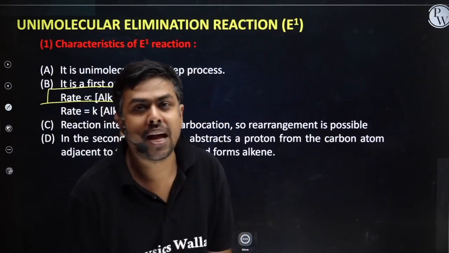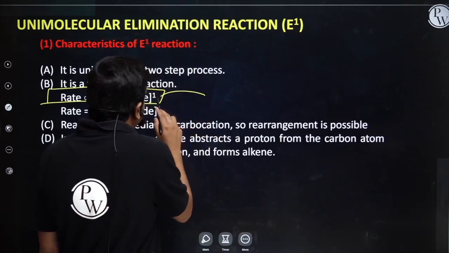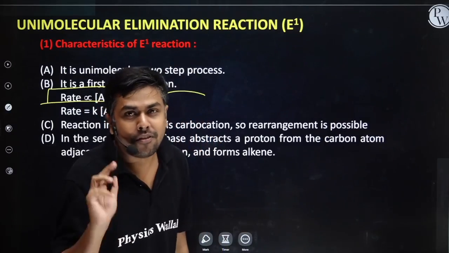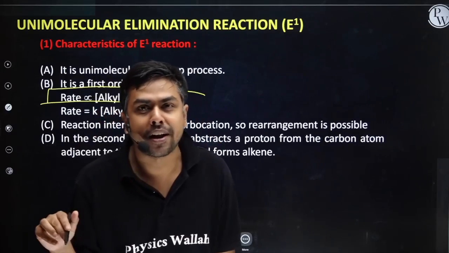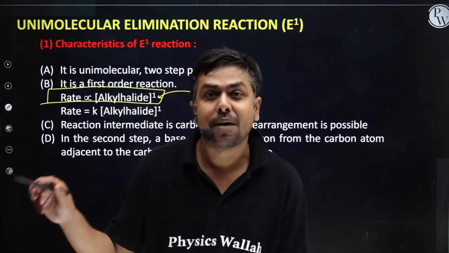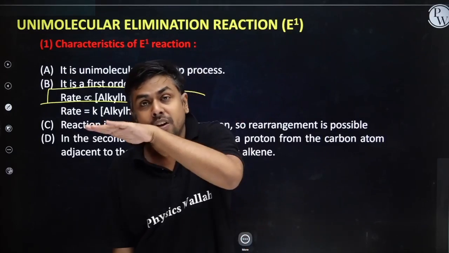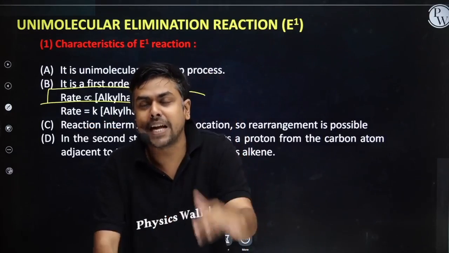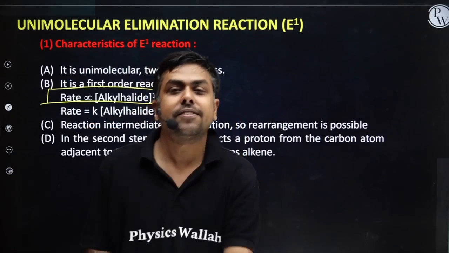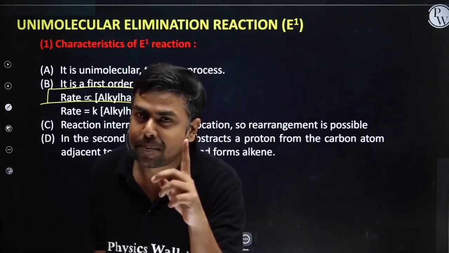At the same time, it also depends on the nature of substrate. Since the first step is the formation of carbocation, more is the stability of carbocation, more is the stability of TS, more is the stability of intermediate, lesser will be the activation energy barrier, faster will be the rate of reaction. Am I clear, student?